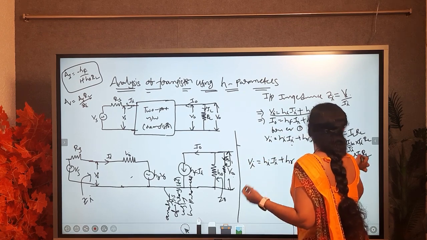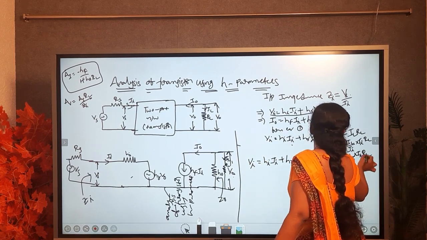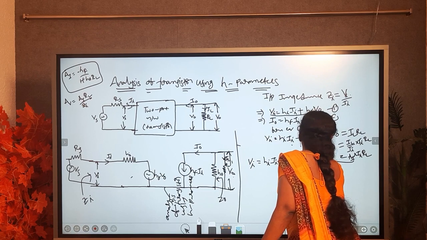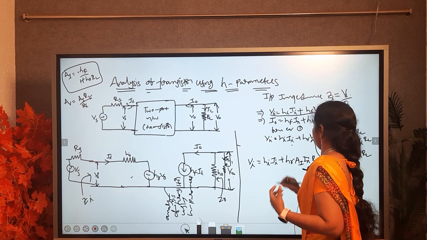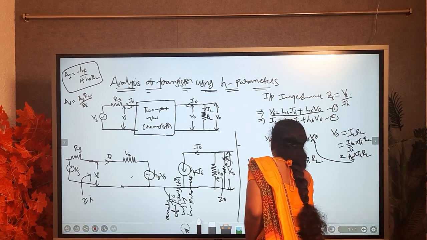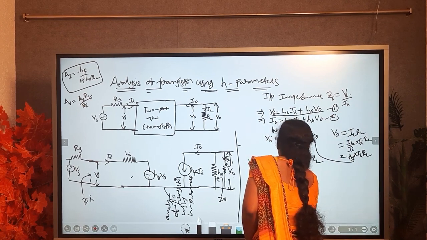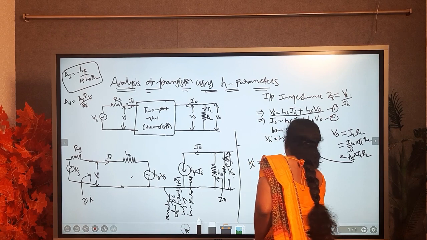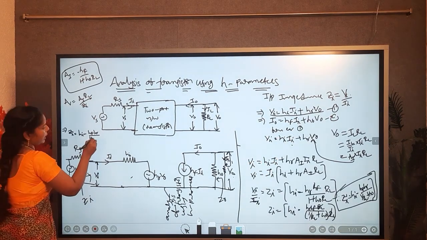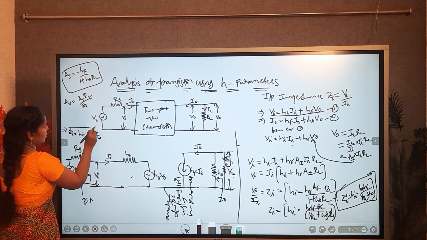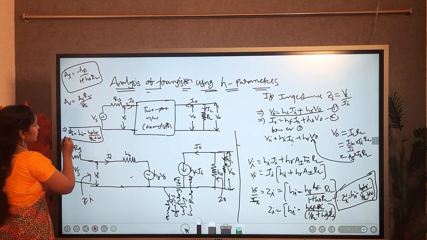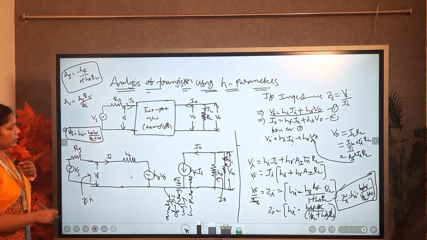In that V naught place, you put the value AI into II into RL. In that, take common the term II. So, Hi plus RL plus H naught. This is the third equation.